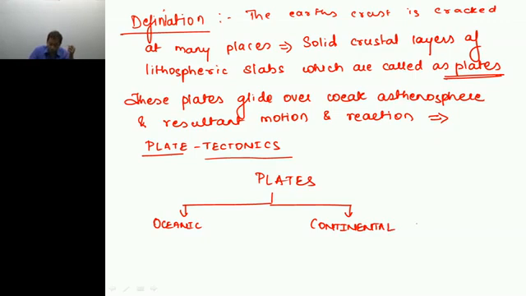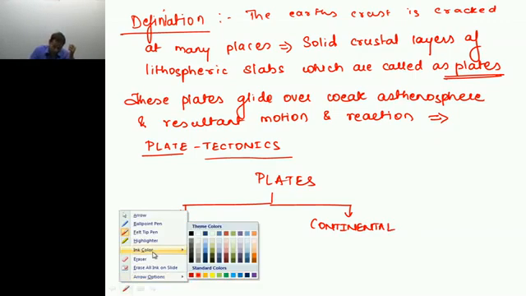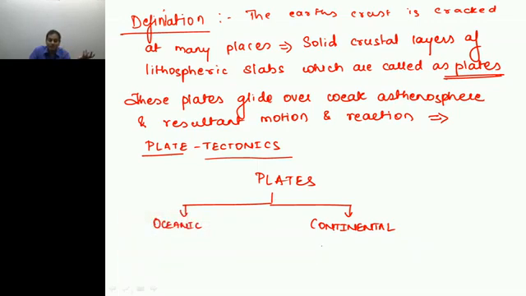Now, what are the oceanic plates? The oceanic plates are the plates which are dominated by the oceans, while the continental plates are the plates which are dominated by the continents.